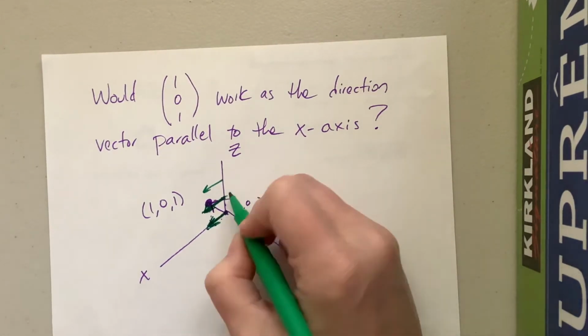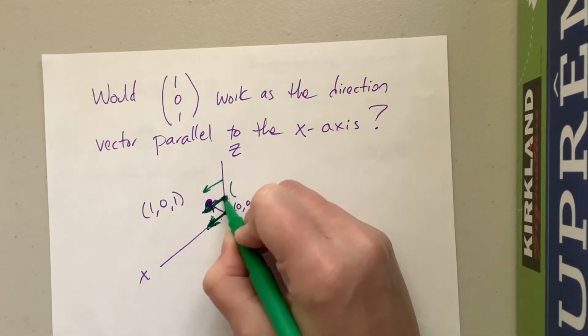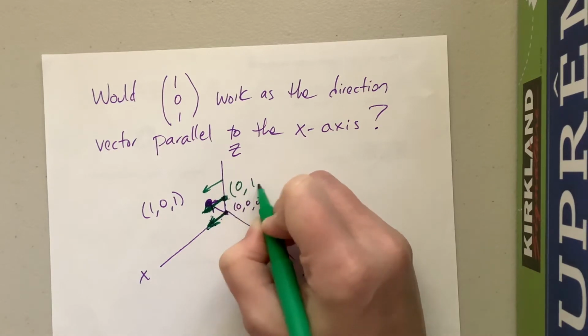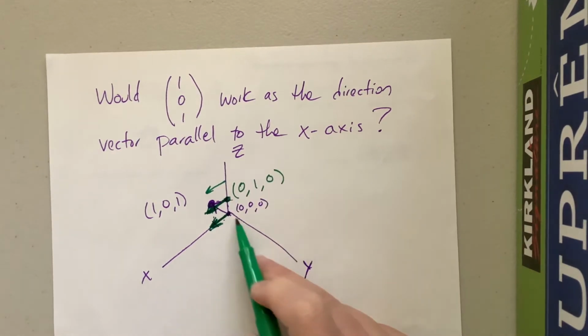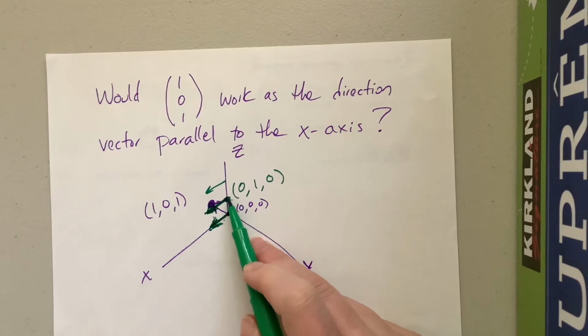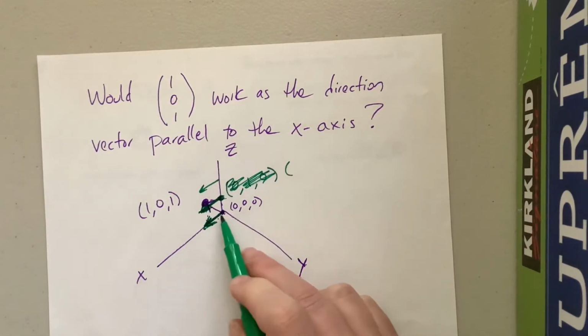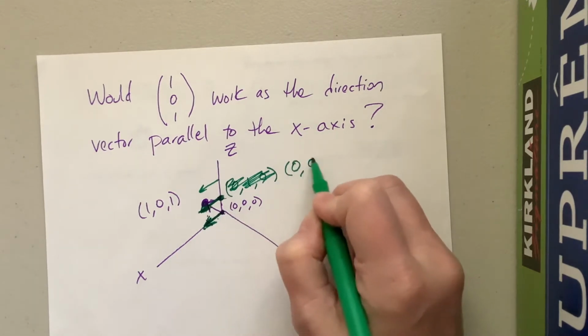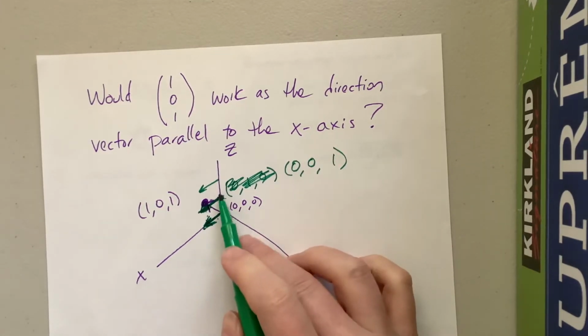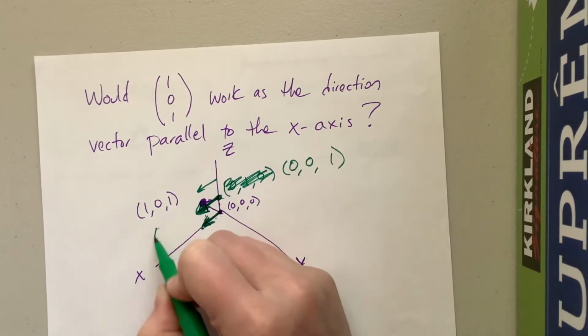So this one may have gone from this point right here, which would be the point 0, 0, 1, because it went up 1 unit in the z direction. I lied, my bad. Its x is 0, its y is 0, its z went up 1. And then say it came out here to this point.